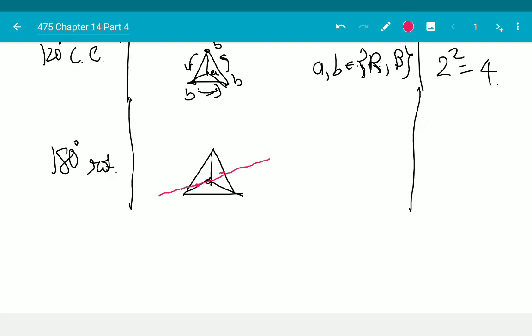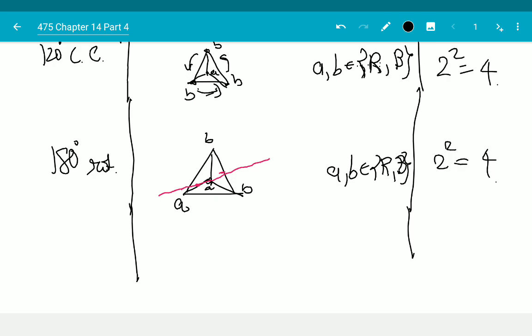When I rotate, these 2 vertices are going to go to each other, and these 2 vertices are going to go to each other, right? And so again, I have exactly 2 choices, and so I get 2 squared is equal to 4. And for the last rotation, the identity, it is going to be all of C, which is 2 to the 4, equal to 16.